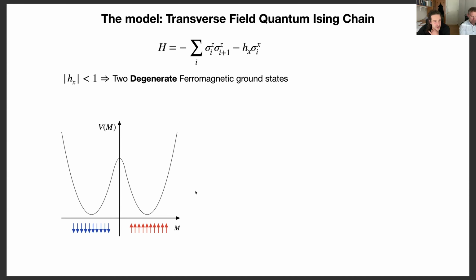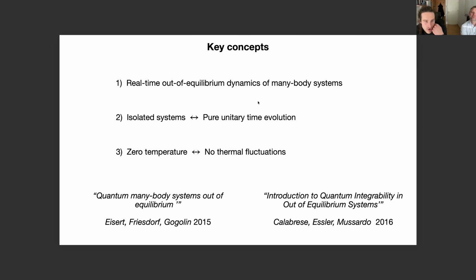But the main difference here, as I already said, is that we want to address this from the point of view of out-of-equilibrium dynamics. And there are these three concepts that I want you to bear in mind, which are important from this point of view: we are working in isolated setups, and there are no thermal fluctuations.